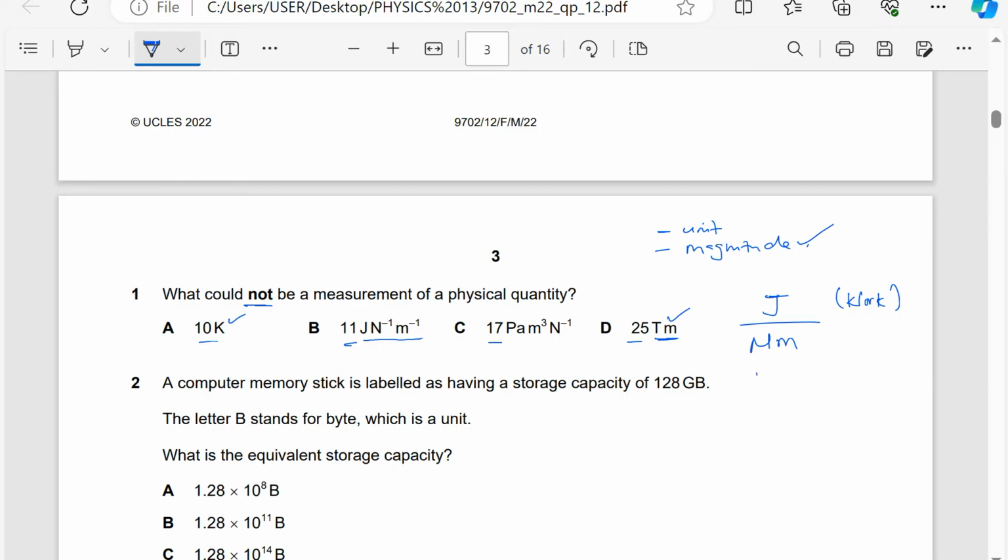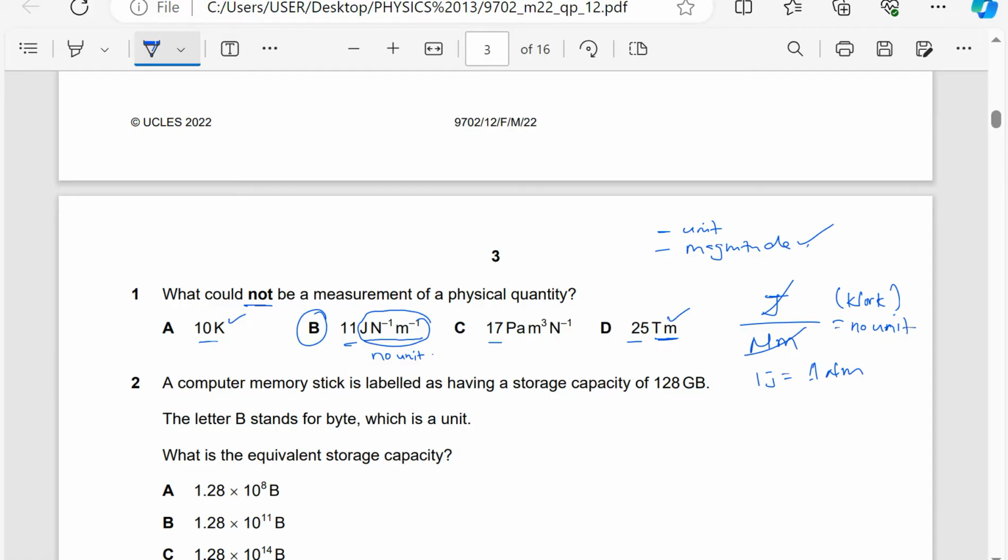So 1 joule is equivalent to 1 Newton meter, and we are dividing Newton meter by Newton meter. So this cancels with that, which is equivalent to no unit. Since that is equivalent to no unit, this is not a physical quantity. So the answer is going to be B.